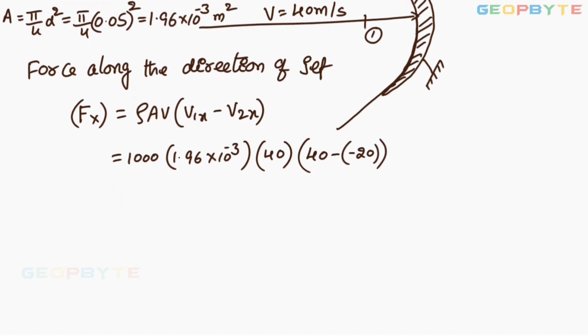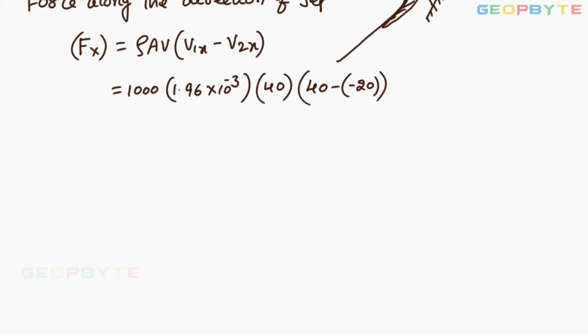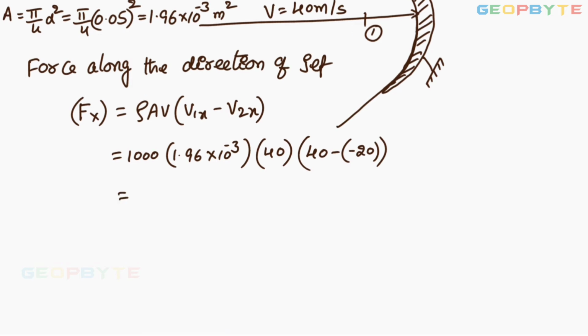Simplify this value. The resultant value is 1000 into 1.96 into 10 raised to minus 3 into 40 minus of minus 20, this is 60. Simplify this value for getting the force along x direction.